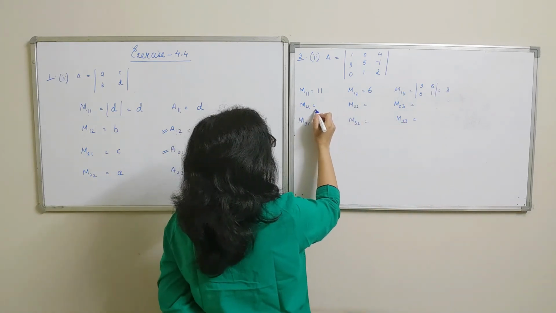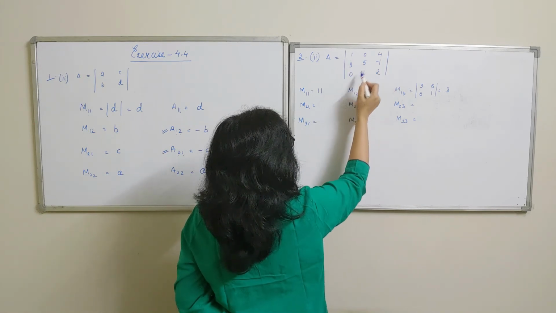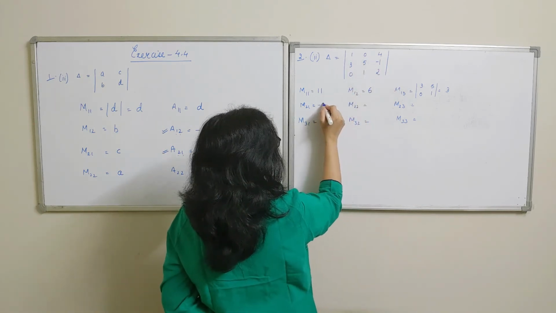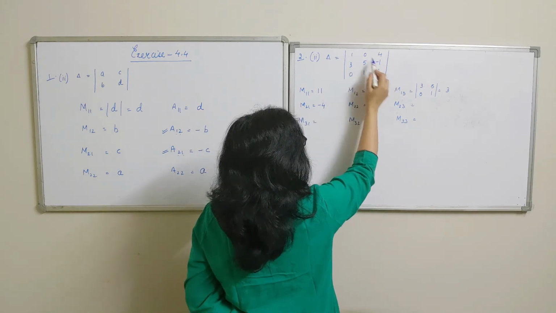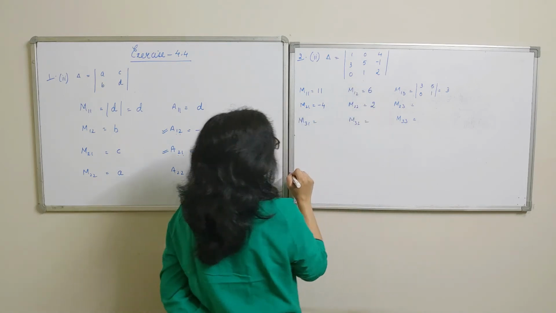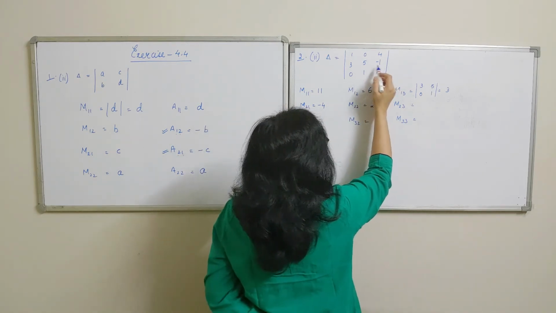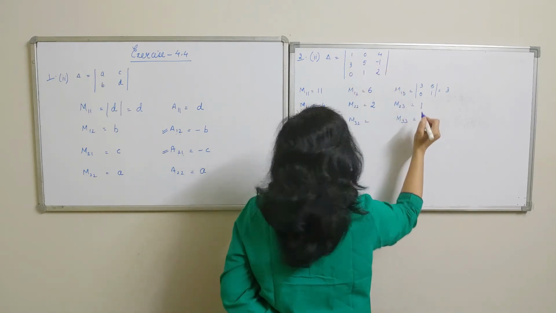Then M21, delete second row and first column, so we have here minus 4. M22, second row, second column deleted, so this element turns out to be 2. And M23, second row, third column deleted, so this is 1.